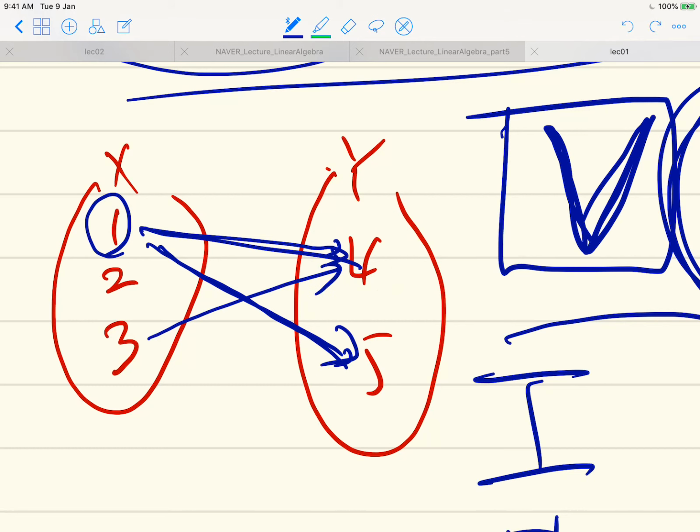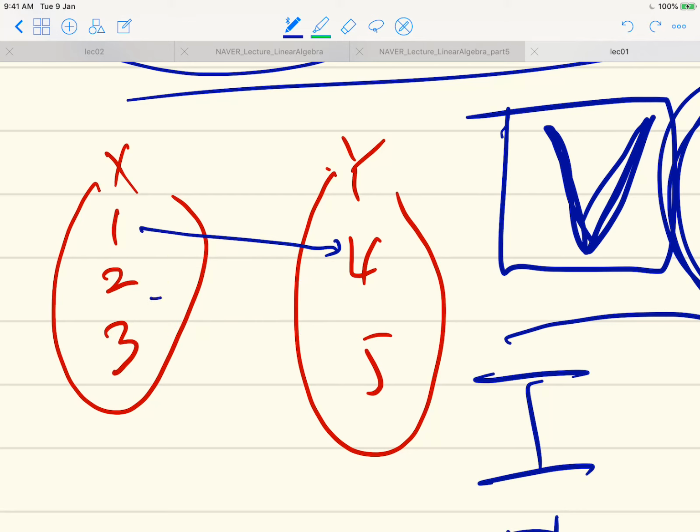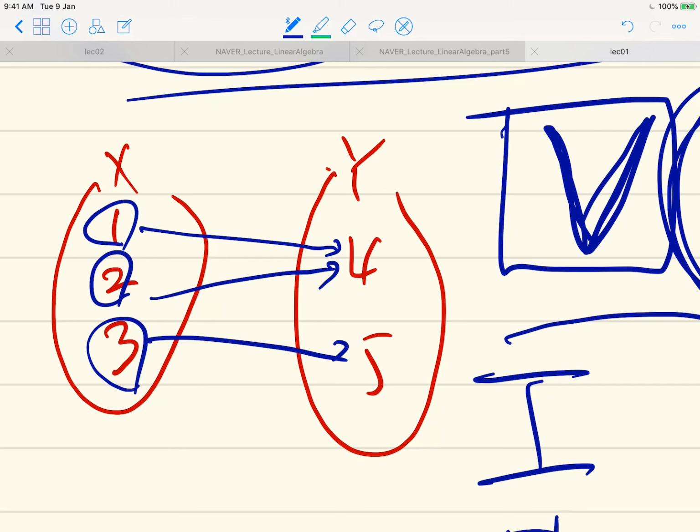So in the previous case, 1, 2, and 3 will each have one single output, but 1 and 2 will have the same output, and that is okay. So this is a valid function, but when thinking of its inverse function, the inverse function cannot exist in this case. And how?